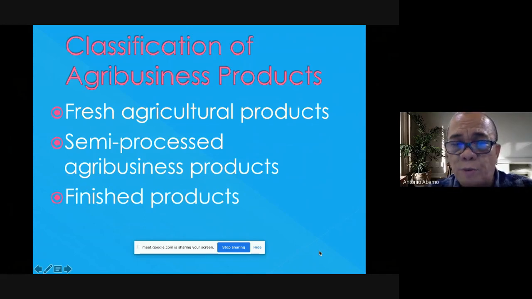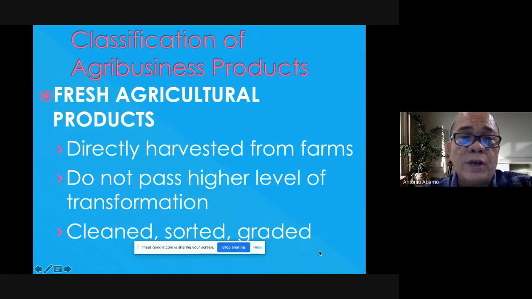Let's go through very quickly these various types of products in agribusiness. When we talk about fresh agricultural products, these are products that are raw, directly harvested from the farms. In other words, when it is fresh, it's prone to spoilage, damage, and post-harvest handling blemishes.